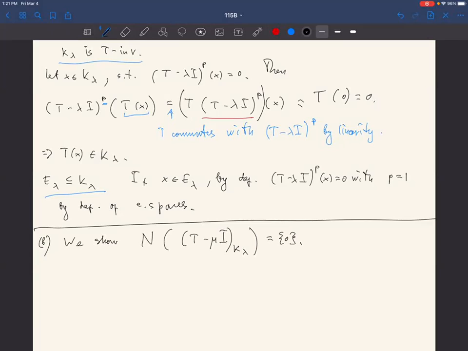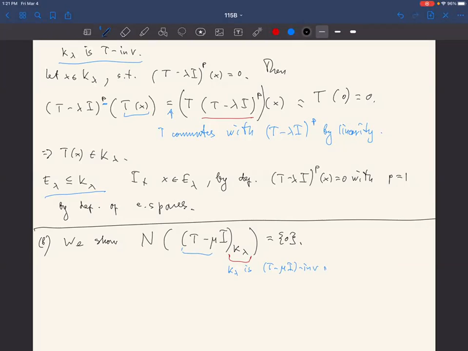And of course, it's also invariant with respect to the identity operator I, right? So this means that K lambda is invariant with respect to this whole operator. So we have that K lambda is (T minus mu I) invariant. So it makes sense to talk about the restriction.